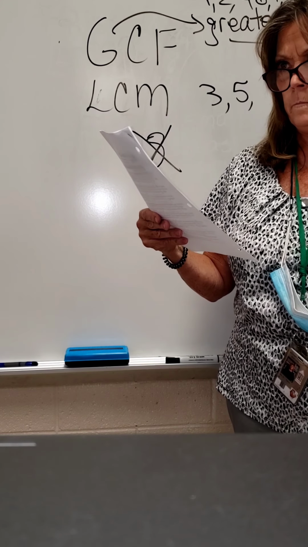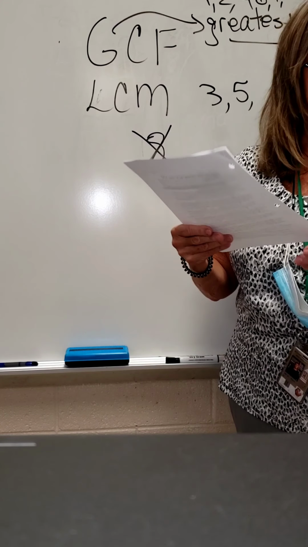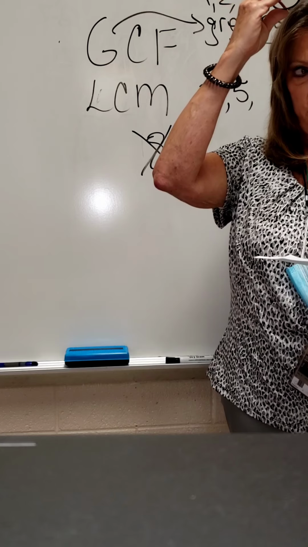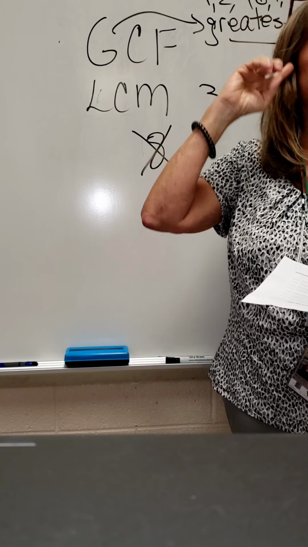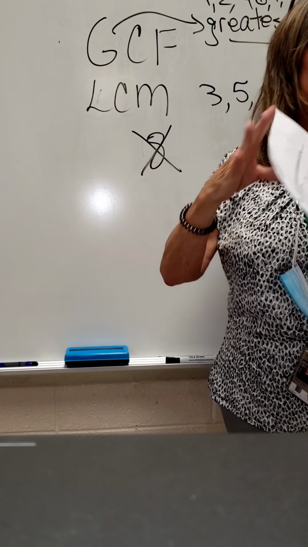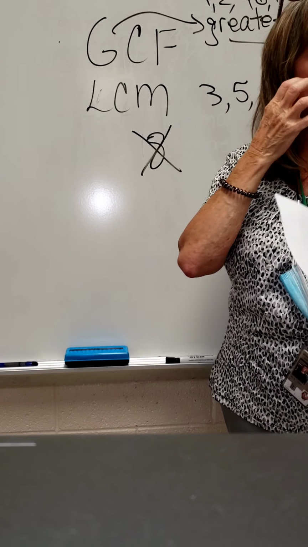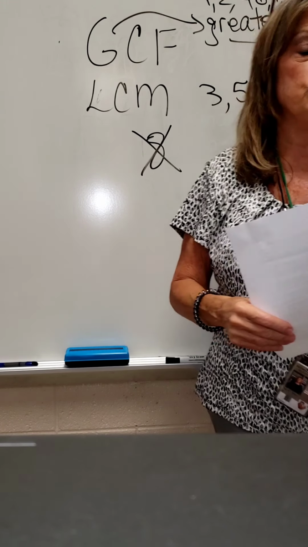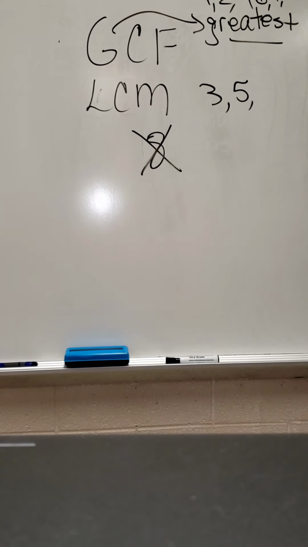Okay? Now don't forget you got your greatest common factor packet that you have not finished. So I took up the first page front and back, so this will not take you no time. The greatest common factor is what's going to take you the longest. Happy working. And write that down.